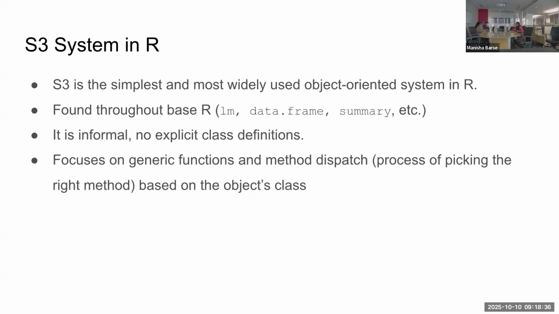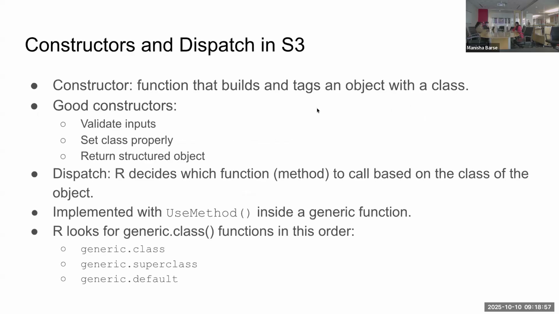The thing in S3 is that it is informal. There are no explicit class definitions, and it focuses on generic functions, methods, and method dispatch, the process of picking the right method. I will give a demo about this based on the objects class, so I will quickly run over the theory and then show some examples.